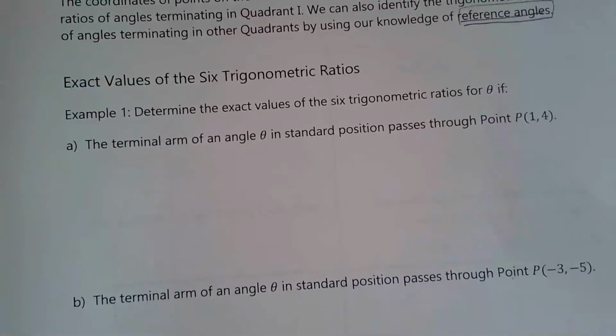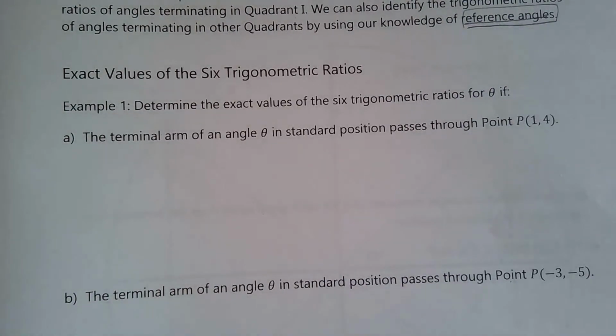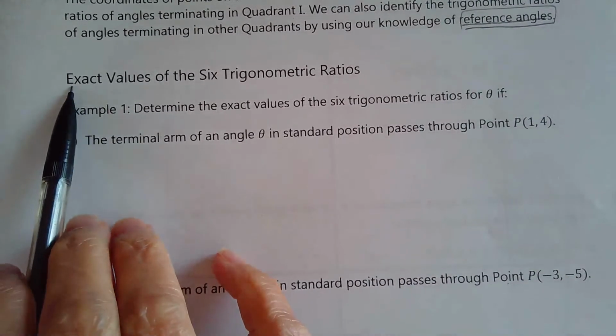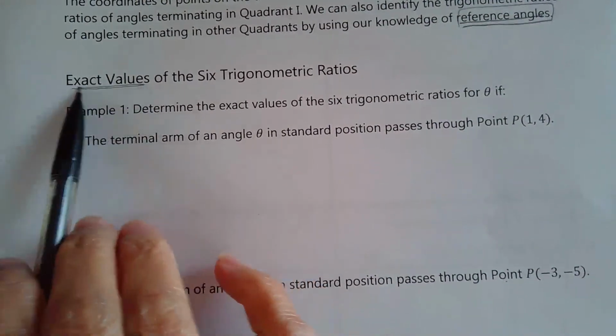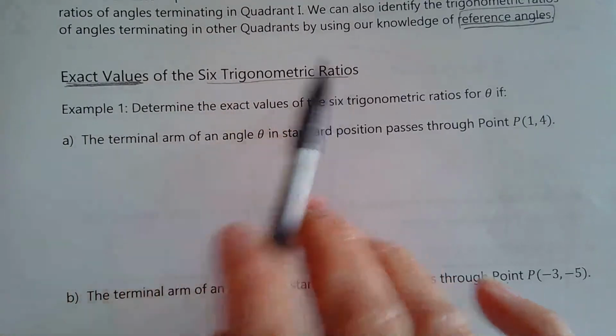At this particular point, I think it's best that we look at it as an example. So let's take a look at example number 1. What we're trying to do is figure out the exact values of 6 trig ratios.